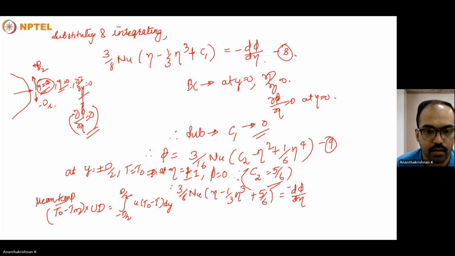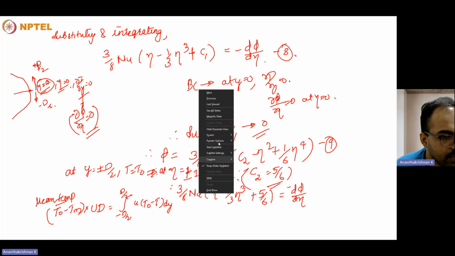And one more thing, we could use the final value of the phi as well. So phi also you have got in terms of eta and then Nusselt number. So, beg your pardon, there was a small correction in this equation.